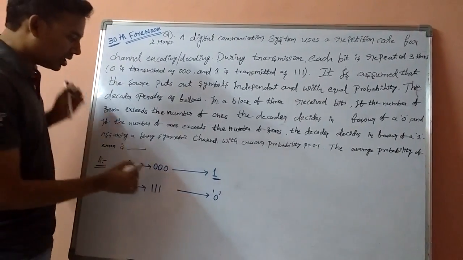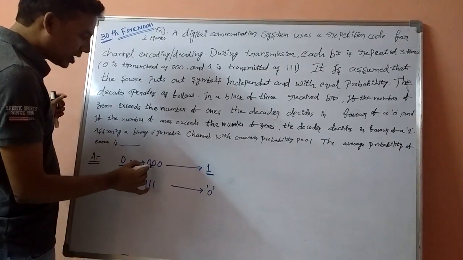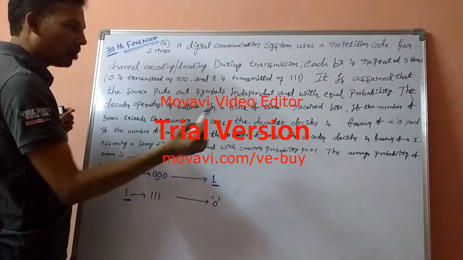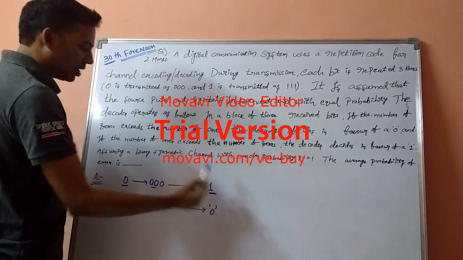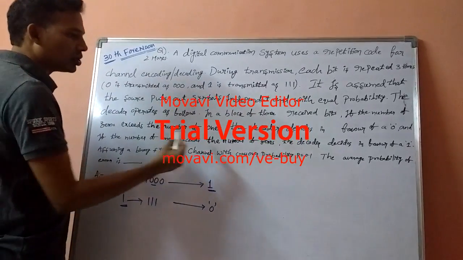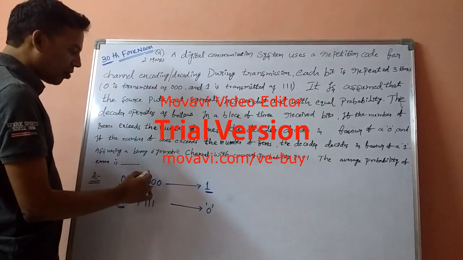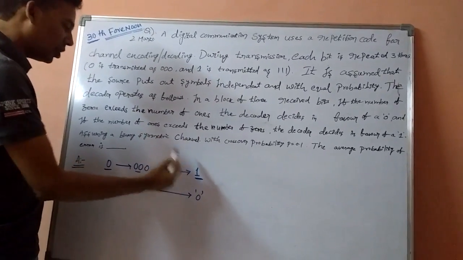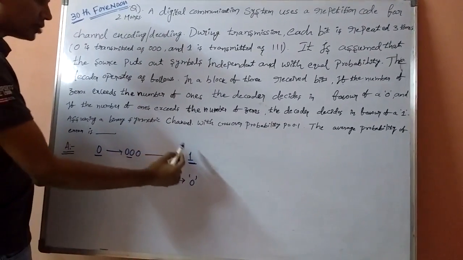That is, 0 1 1 is decoded as 1, 1 0 1 is also decoded as 1, 1 1 0 as well, and if all 3 zeros are converted into 1 1 1, it is decoded as 1.